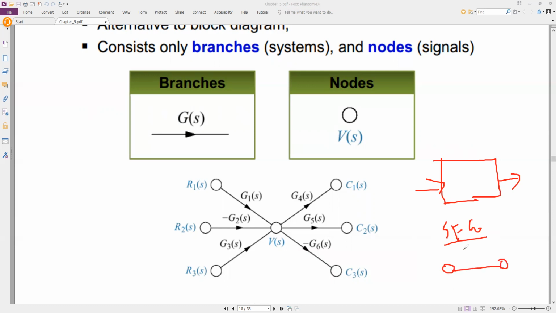So that is the branch, and these are the signals. You understand? Yes, sir. Okay, so we can proceed.